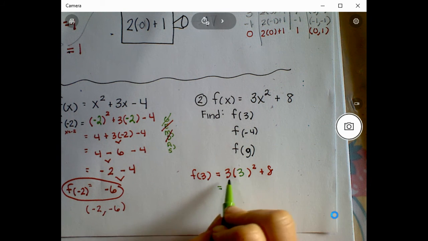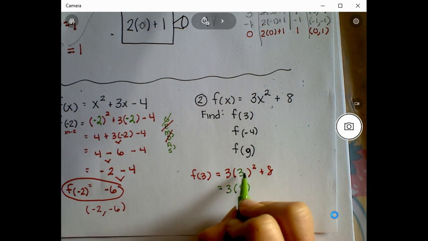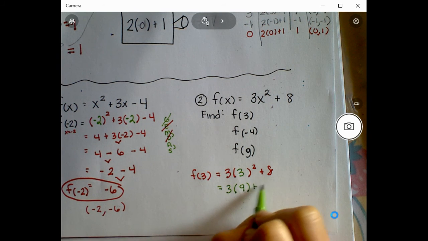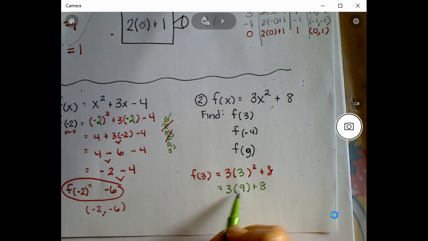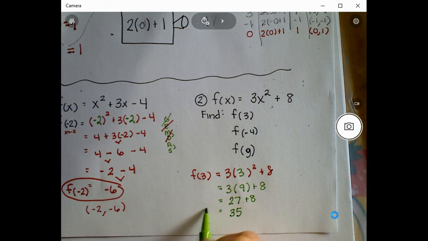No groups. Yes, exponents. So 3 times 9, because 3 squared is 9. Multiply or divide. Add or subtract. 27 plus 8 would be 35. So f of 3 is 35, which corresponds with the coordinate 3, 35.